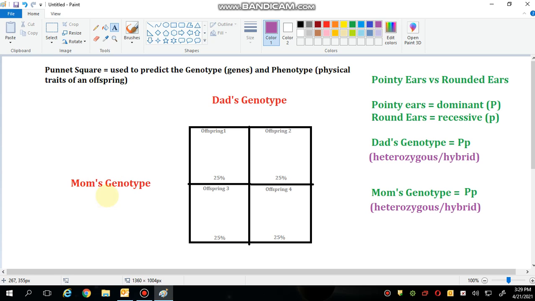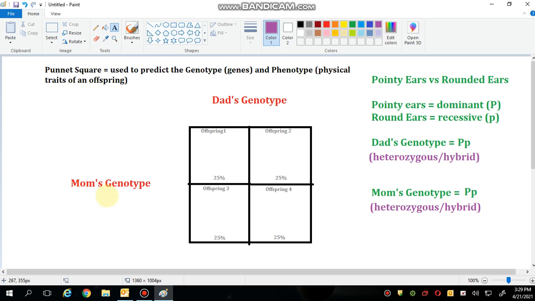Okay? Now in this Punnett square, I am going to try to predict whether mom and dad's kids will have pointy earlobes or rounded earlobes. In this situation, the pointed earlobes is a dominant trait.